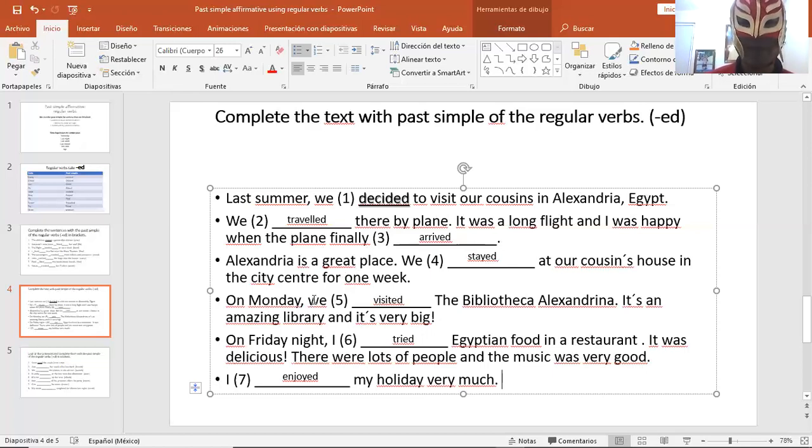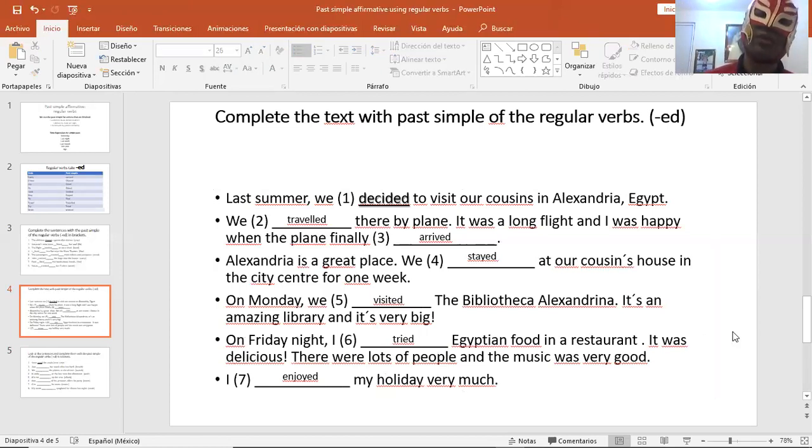On Monday, we visited the Biblioteca Alexandrina. It's an amazing library and it's very big. On Friday night, I tried Egyptian food in a restaurant. It was delicious. There were lots of people and the music was very good. I enjoyed my holiday very much.